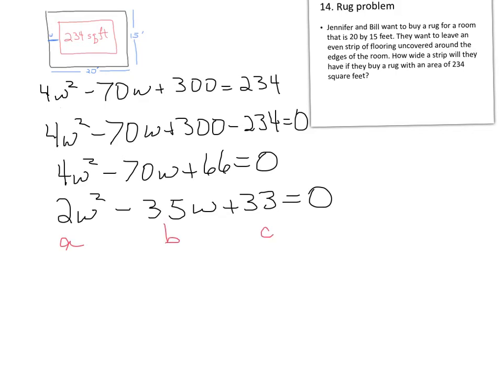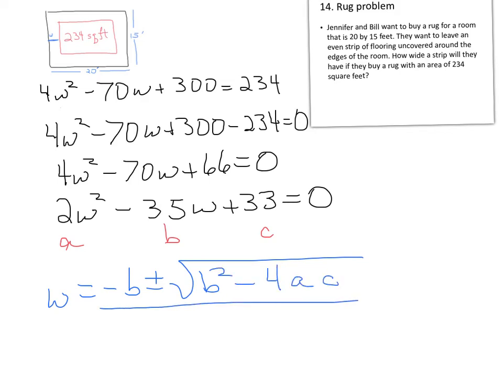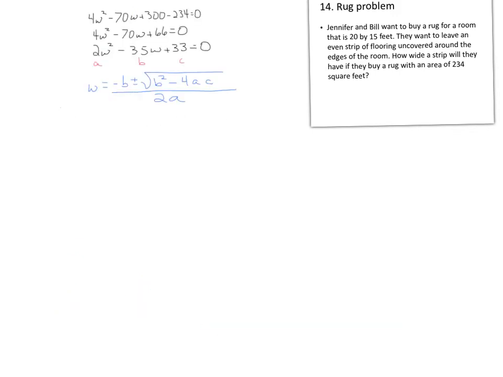Now we want to identify a, b, and c, and our formula says that W is going to be negative b plus or minus the square root of b squared minus 4ac, all of that over 2a. Okay, so let's go ahead and substitute in.